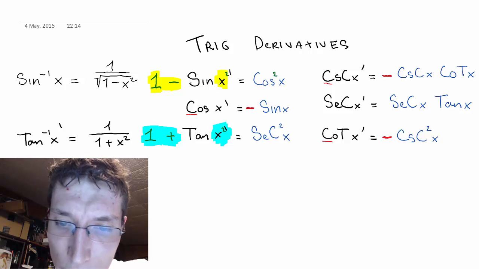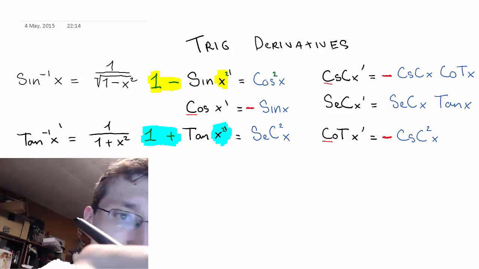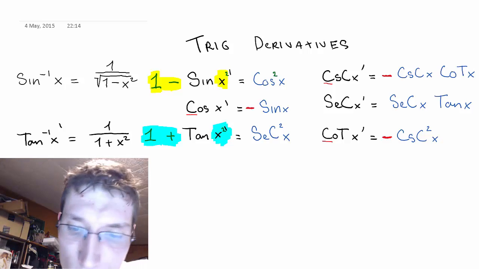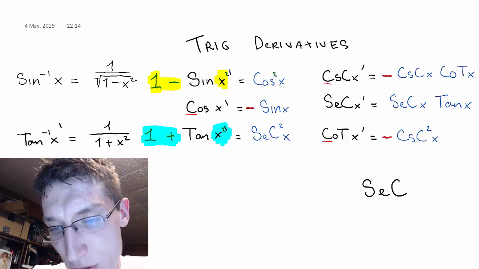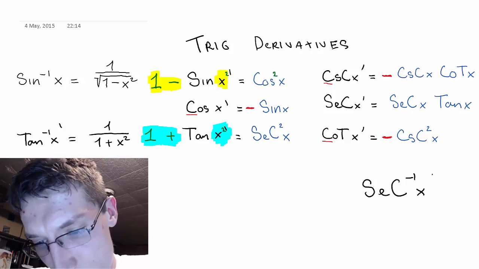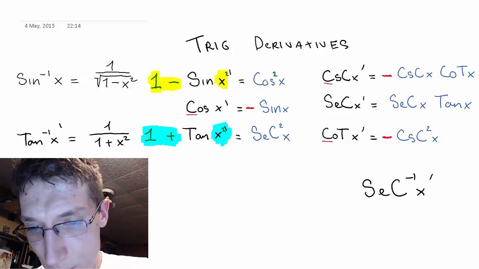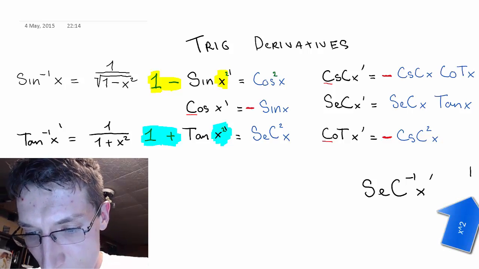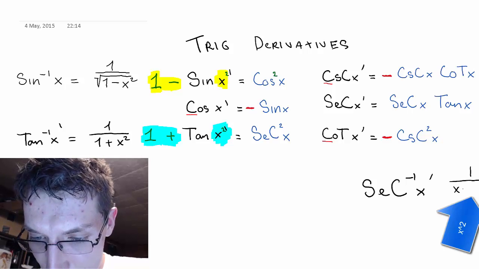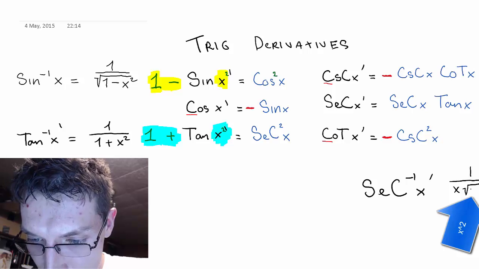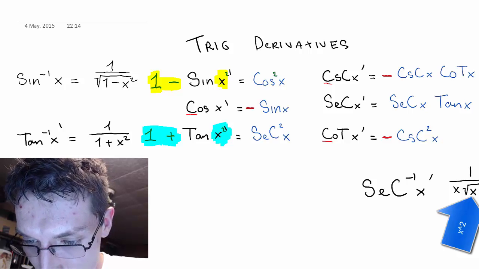We have one more with secant. So we have secant inverse of x prime. It's going to be 1 over x square root of x minus 1.